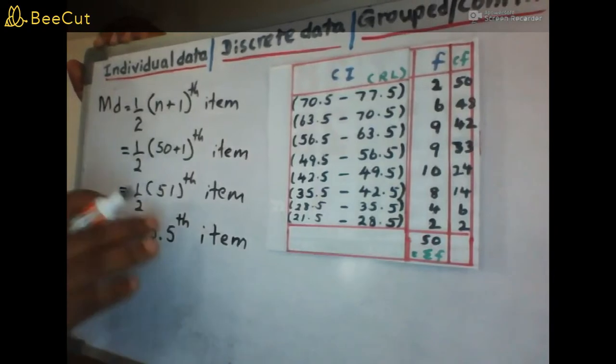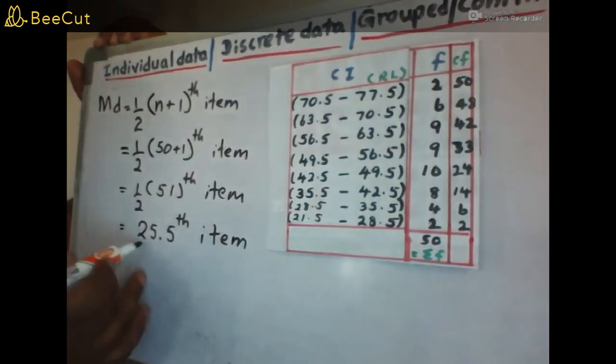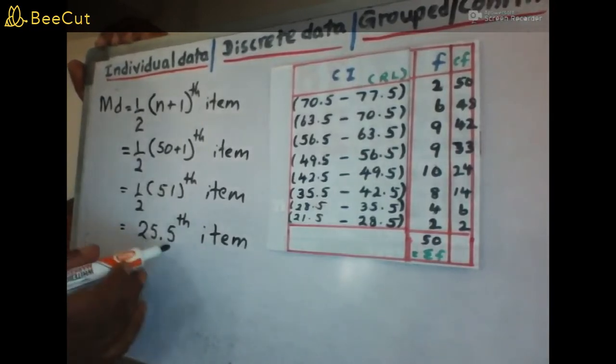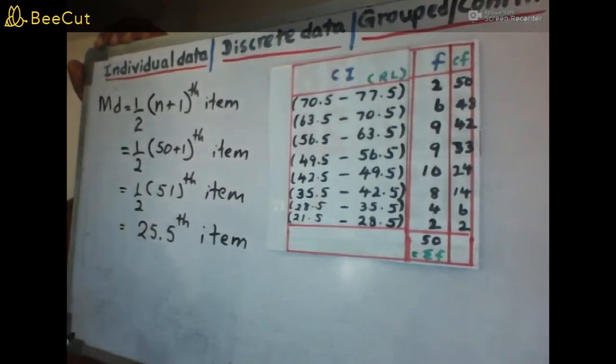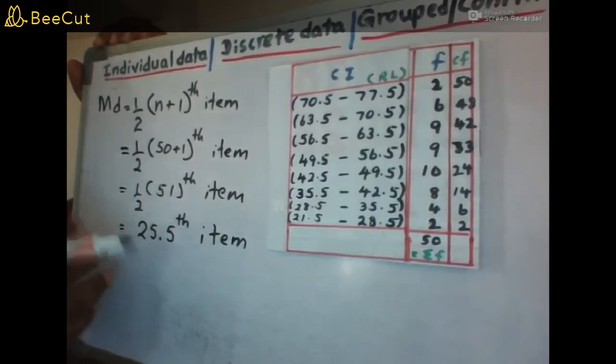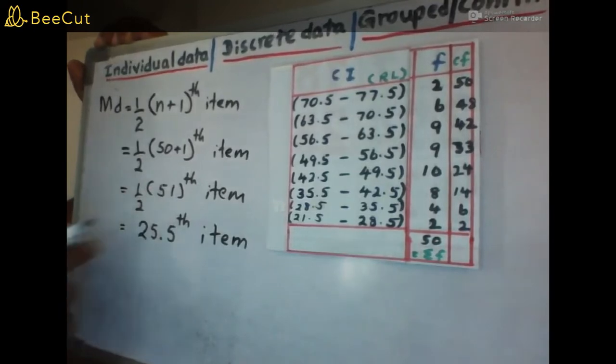Right? That's the item. This is not the median. 25.5 is not the median. Remember, they will give this 25.5 as one of the choices in the MCQs. That's not the median. That's the item. The mark which is represented by the middle place. The middle place is this, 25.5.